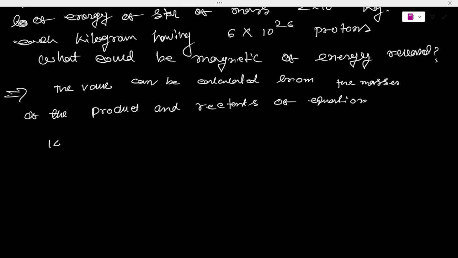It's nitrogen 14 (7) plus helium 4, that gives oxygen 17 (8) plus hydrogen 1.